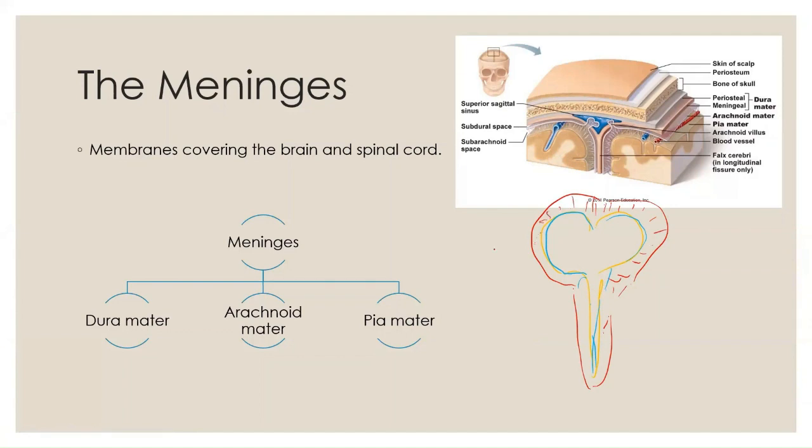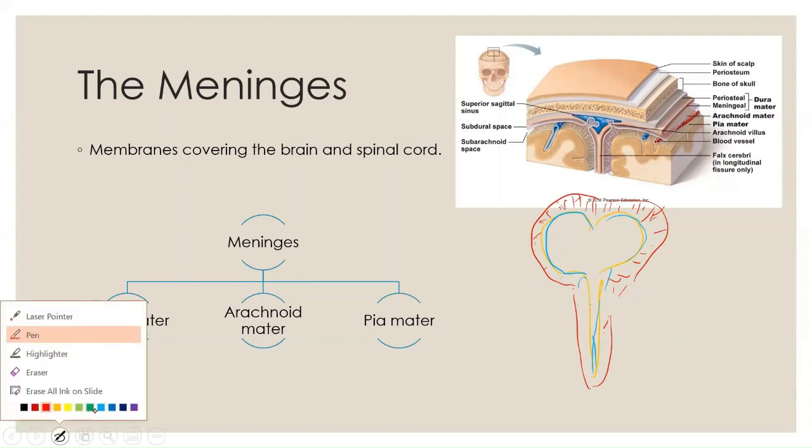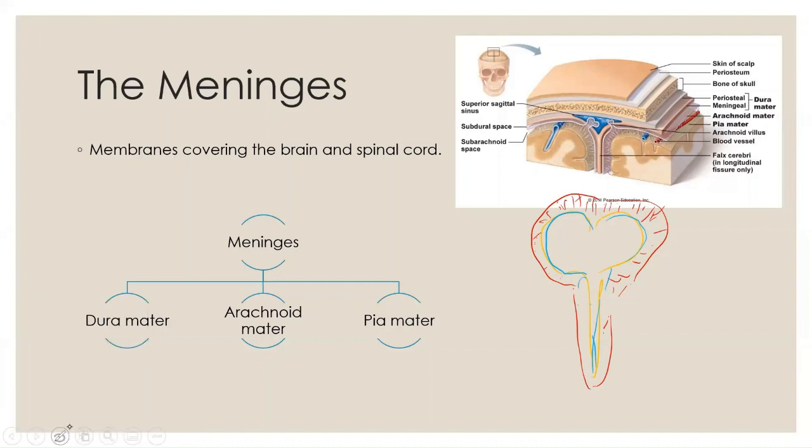And arachnoid means spider, right? So it's called arachnoid mater because of this substance, and this substance looks like a spider's web. And outside, covering everything, you have the dura mater.